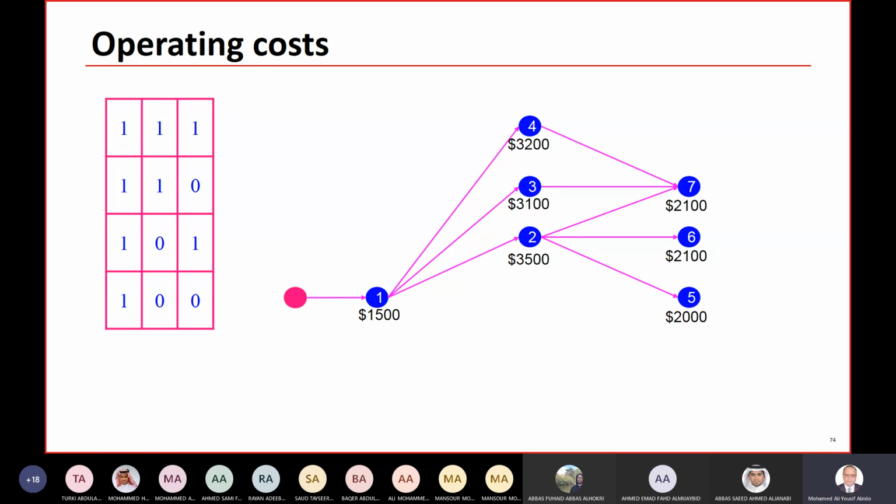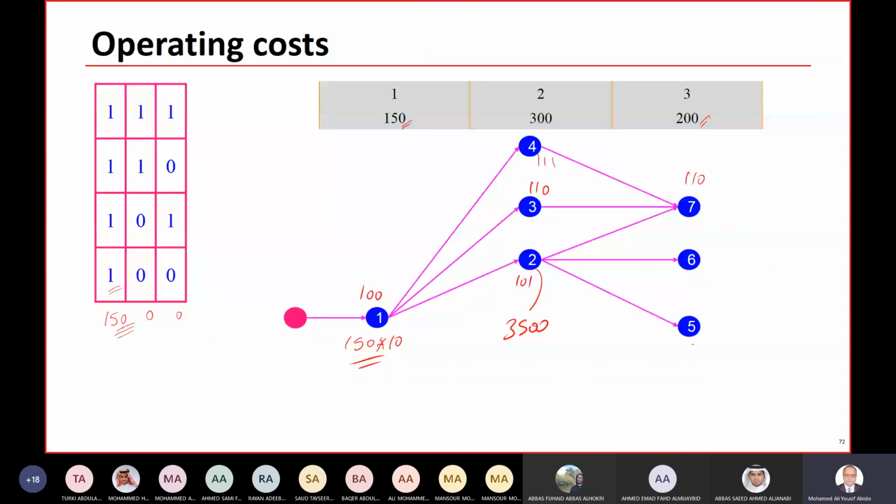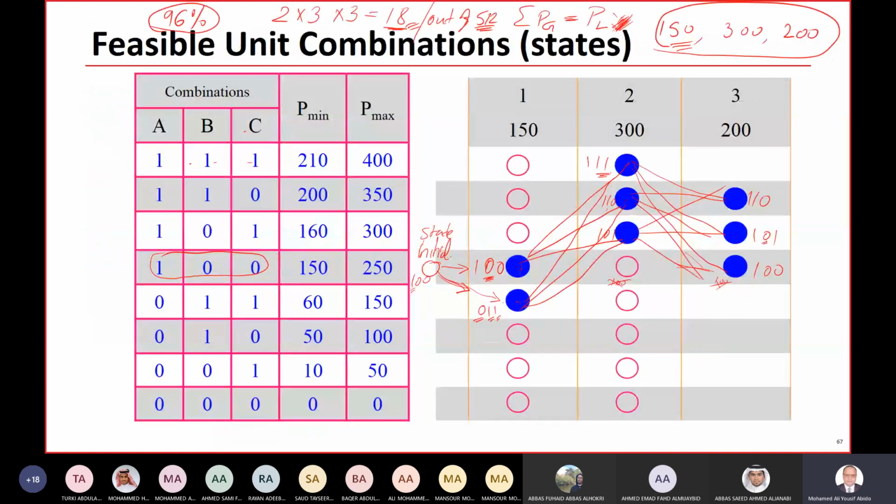What about the startup cost? Where did we switch on a unit? If we switch on a unit, then we have to consider the startup cost. The startup cost is given here for unit number 1.